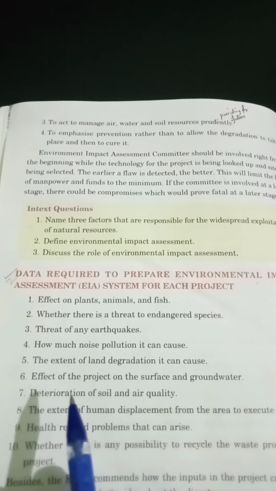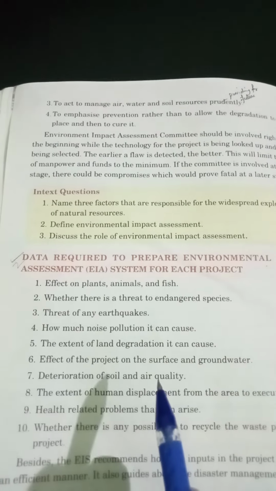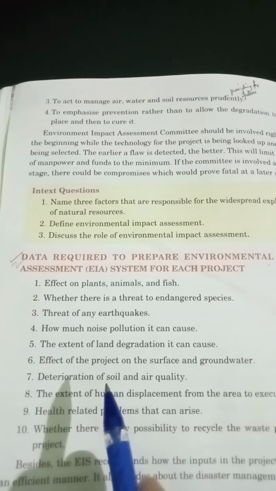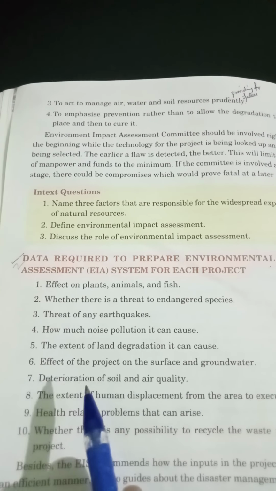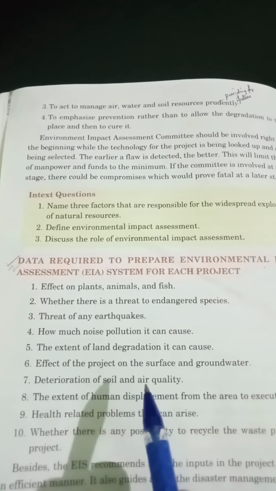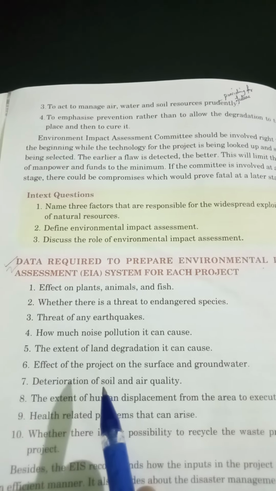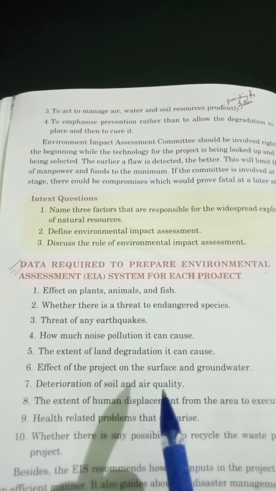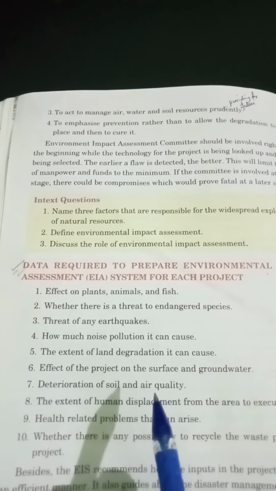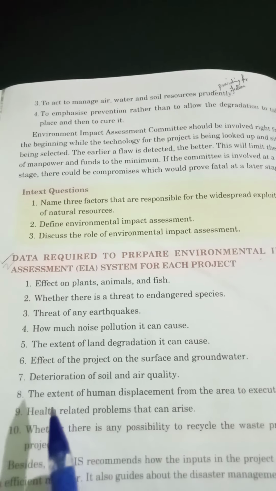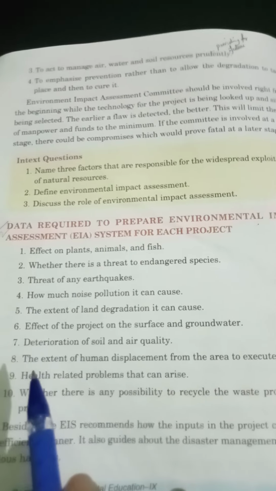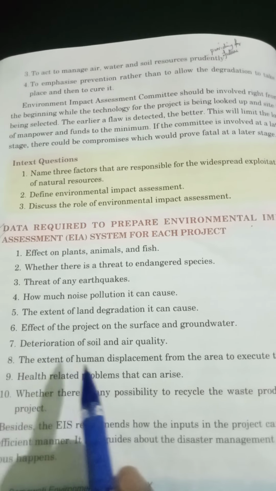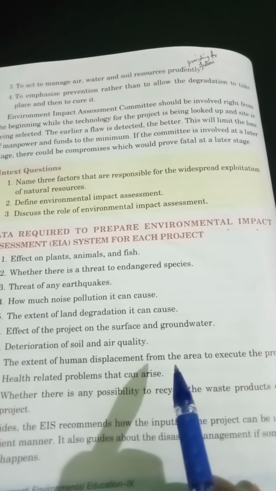And number seven is deterioration of soil and air quality. Whether the quality of soil and air deteriorates due to this project. Number eight is the extent of human displacement from the area to execute the project.